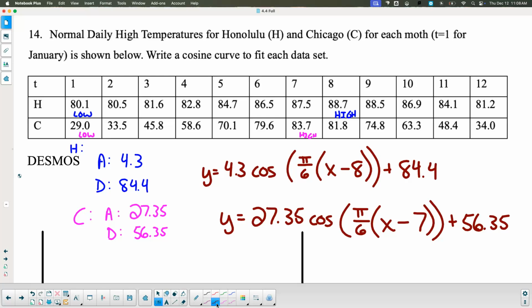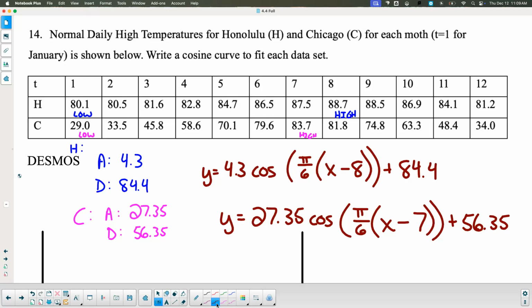I would not, however, accept any sine curves or sine graphs for that one, because it said make a cosine. You would make the a value here be negative. On both of these, if you went negative 4.3 or negative 27.35, then this minus 8 and this minus 7 would both become minus 1s. Everything else, though, stays exactly the same.